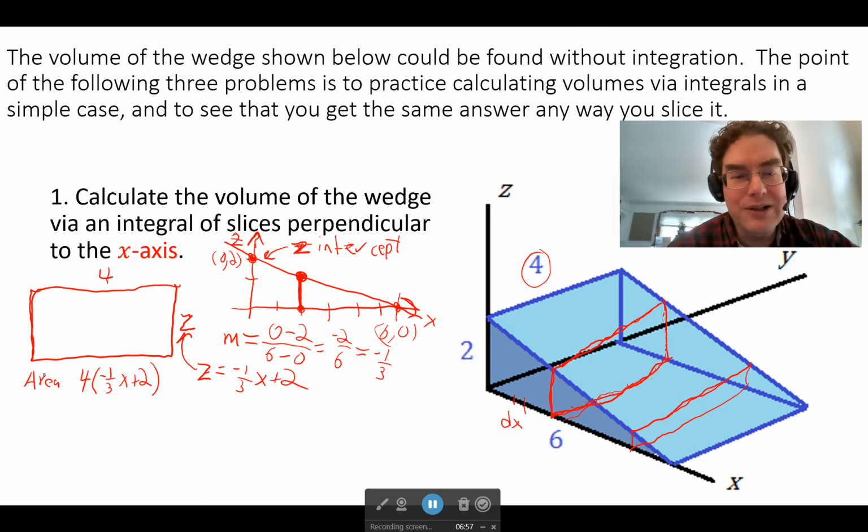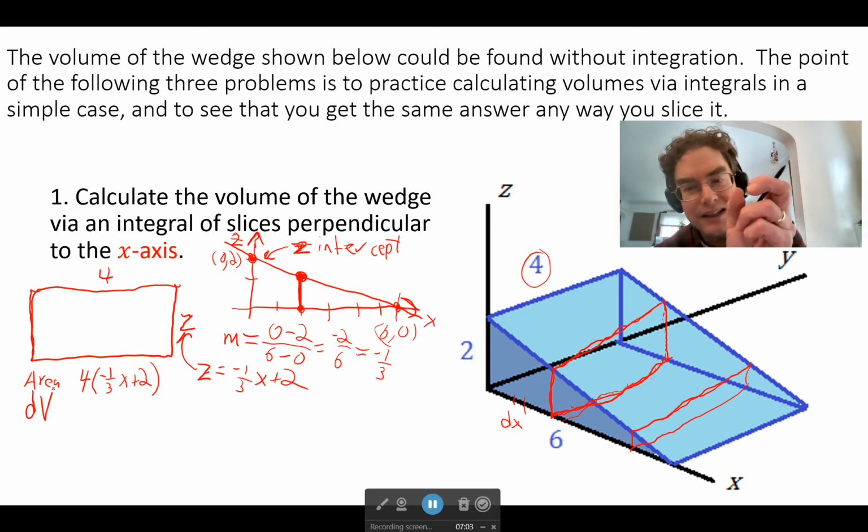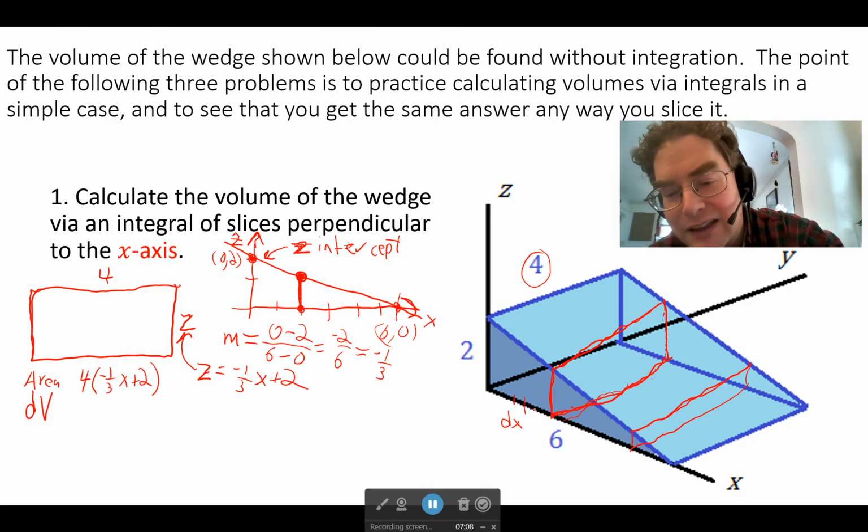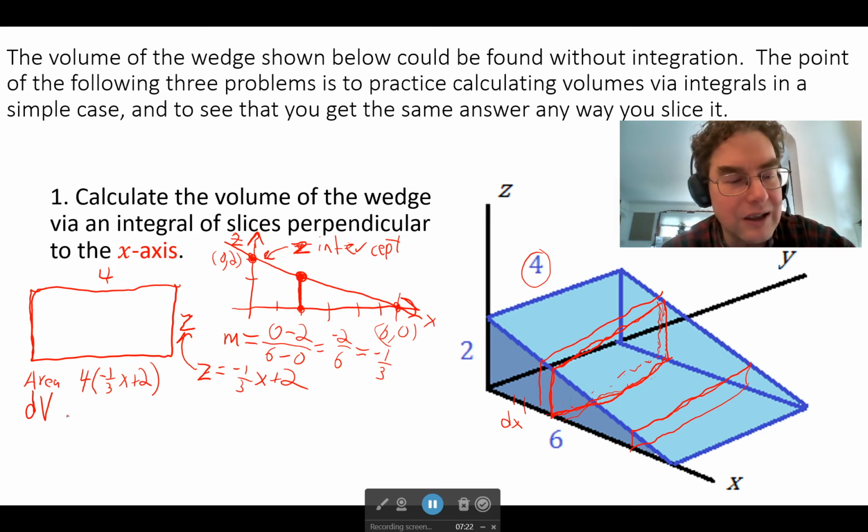Okay, and then our differential of volume. For volume here, we are doing a differential because we have these very thin slabs with a thickness of dx. It would look, again, something kind of like this. So there's one of our slabs, very thin, with a thickness of dx.